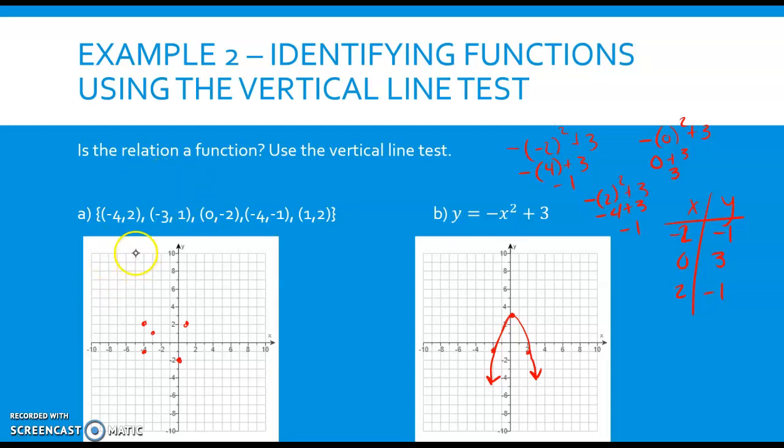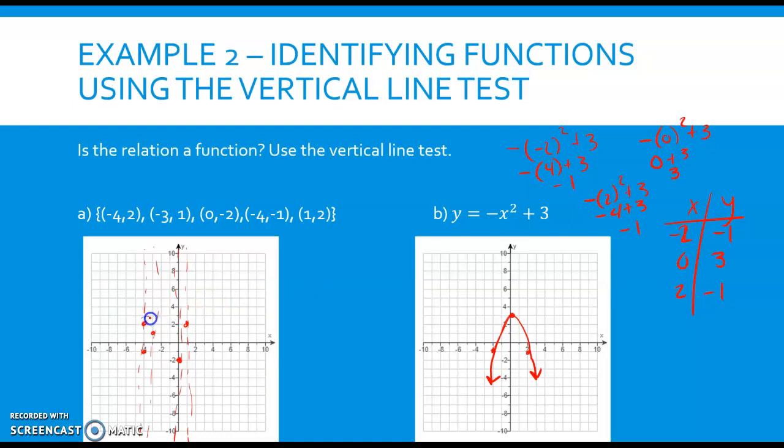So basically I am just imagining vertical lines, and if you're doing this on your paper, I would take your pencil and just run it vertically across your graph. I'm running these vertical lines, which are technically already there, and as long as each line crosses only one point on the graph, then it's a function.